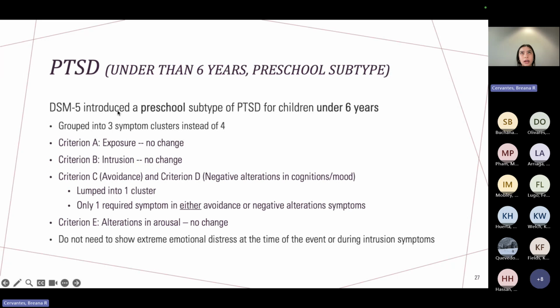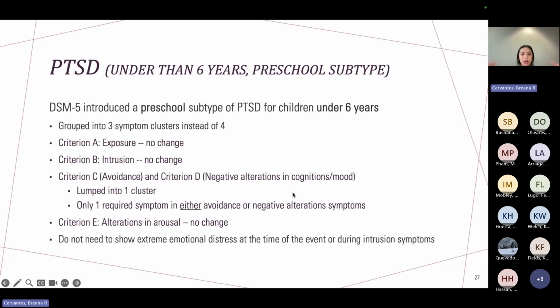And this is a little bit different in that rather than thinking of the main 4 symptom clusters, we kind of collapse 2 of them into one. So if we're looking at a child under 6, we still are going to look for criterion A, that there was an exposure. We still need at least 1 intrusive symptom, but criterion C and criterion D are now lumped into one. So you can have avoidance, you can have negative alteration in cognition or mood.